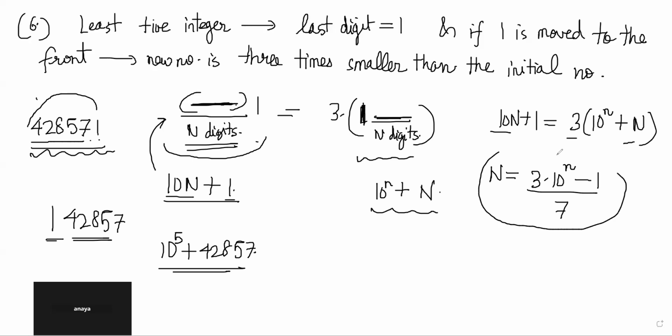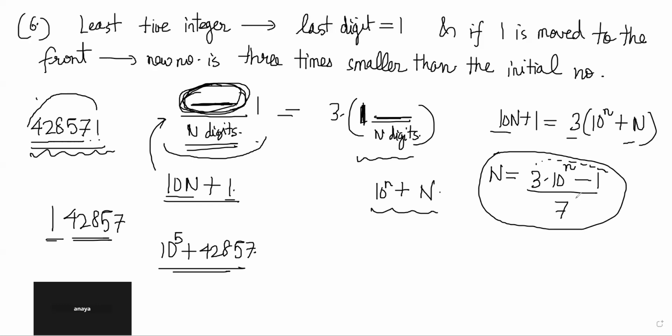Yeah. And obviously we know that this capital N is an integer, so the top part must be divisible by 7 somehow, right? Yes. The capital N here comes out as an integer. So that was what we were calling the n-digit number, right? Yeah. So this has to be divisible by 7.